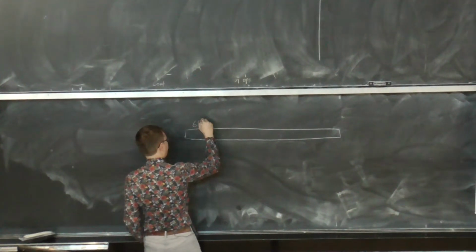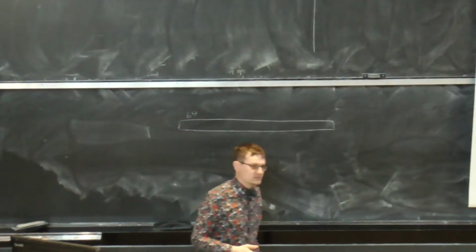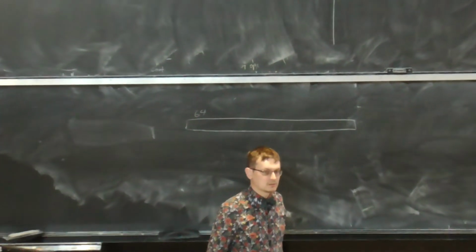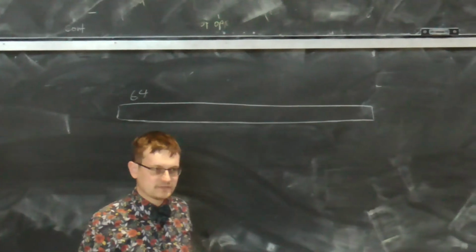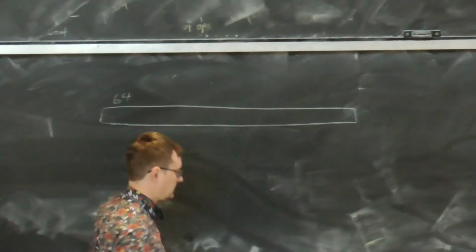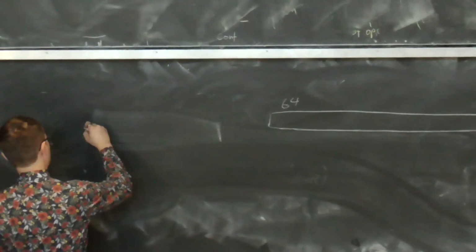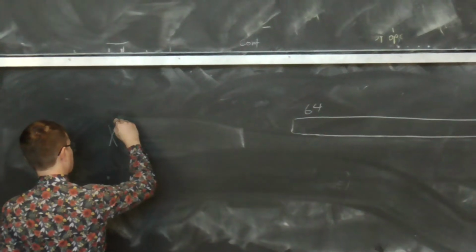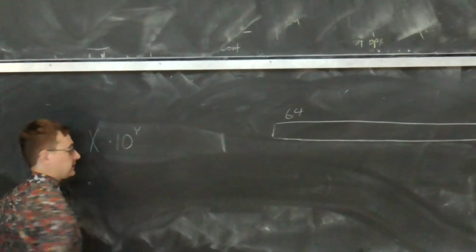You've got 64 bits. Our objective is to represent numbers with fractional components. So, y'all know scientific notation? In scientific notation, of course, we have some number x multiplied by 10 to the power of y.